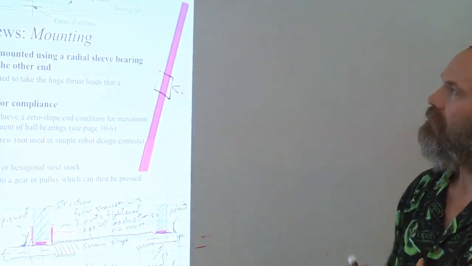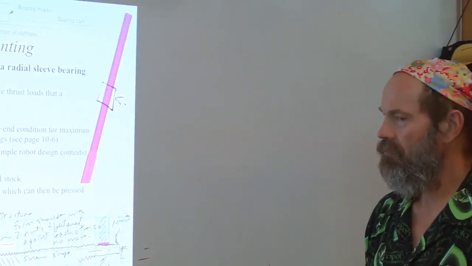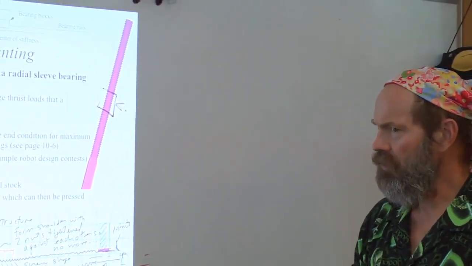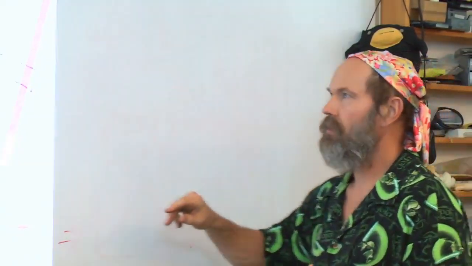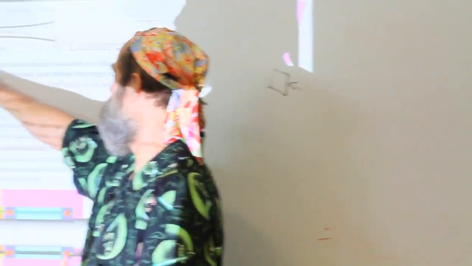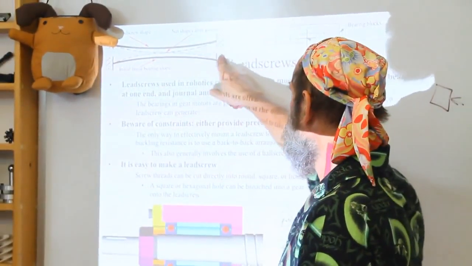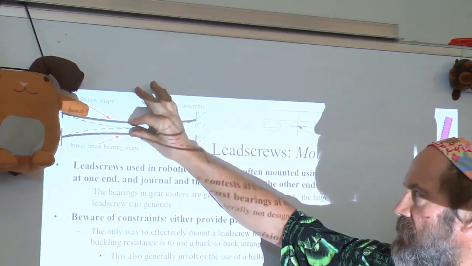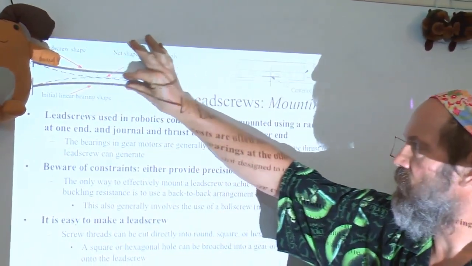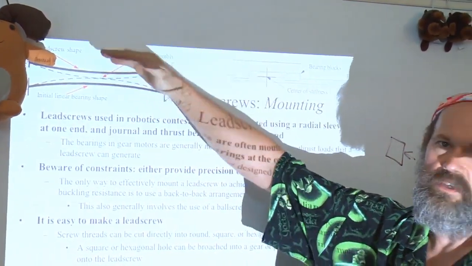Here's the nut. And if the screw shaft, remember we said earlier, is not exactly straight, it can't be, such that the screw shaft has some shape and the bearings have some shape, the two, when you bolt them together, they'll come to some equilibrium position. As you move them back and forth, they'll be pushing on and off of each other.